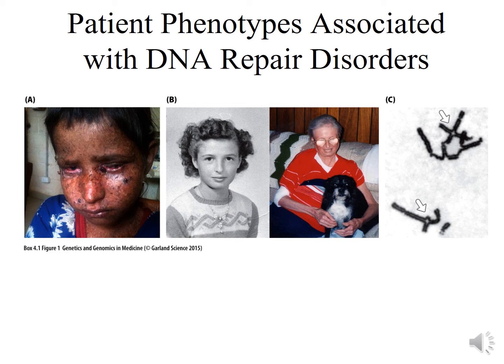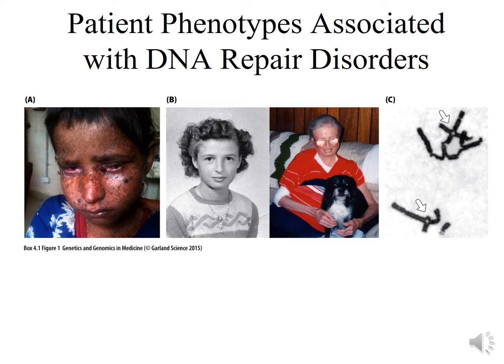In B and C is shown an individual who has Werner syndrome, which is exemplific of progeria or accelerated aging.